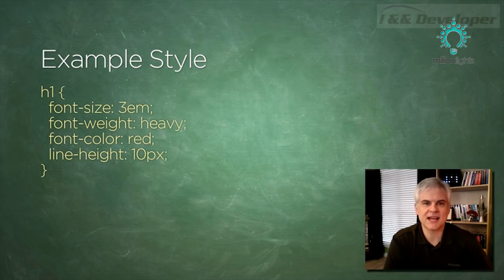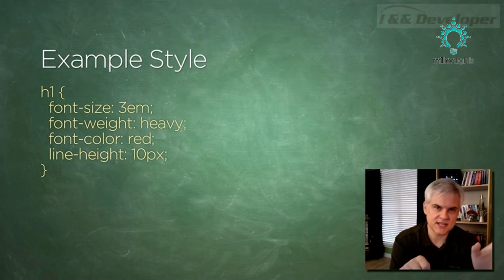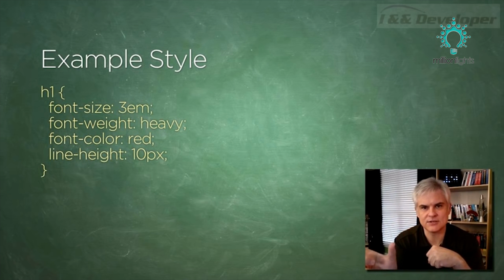Secondly, we have a set of curly braces that define the body of the style. And third, inside of the curly braces, there's a collection of name value pairs that are separated by semicolons. And then finally, in the innermost parts on each line, you see a combination of the CSS property name, colon, and then the value you're setting it to.